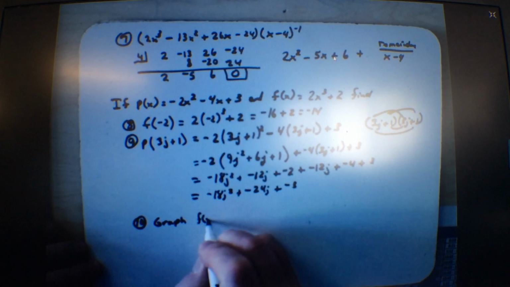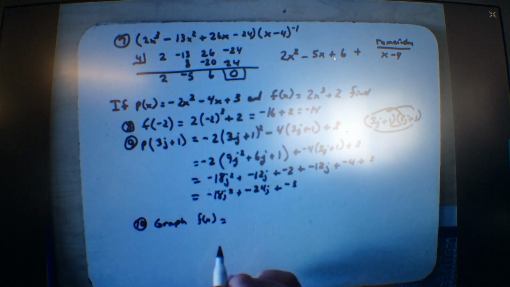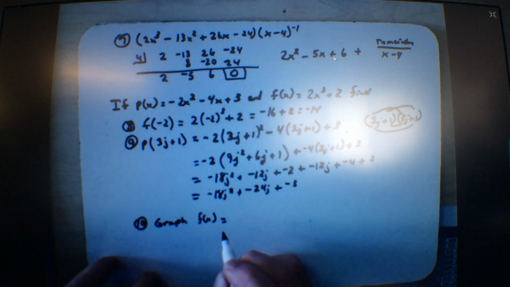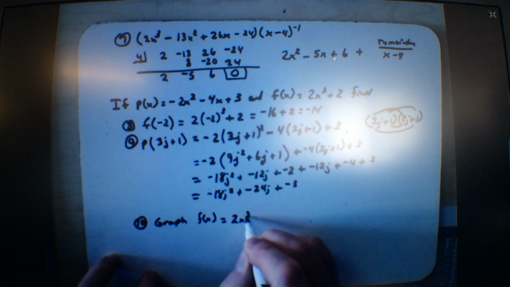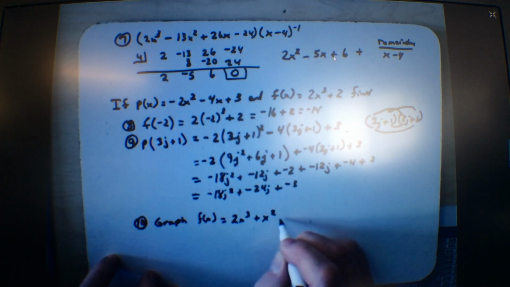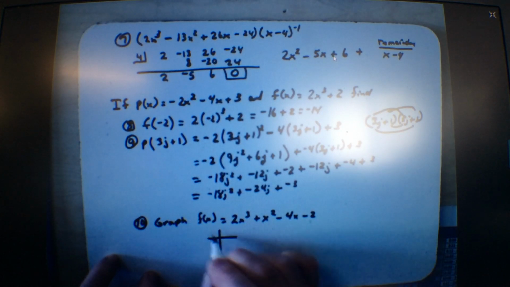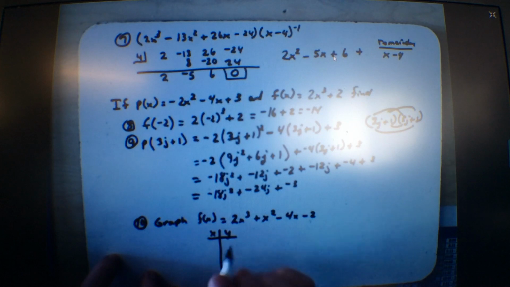So let's say that we have f of x equals 2x cubed plus x squared minus 4x minus 2. And I will say, part of the directions is make a table of values.